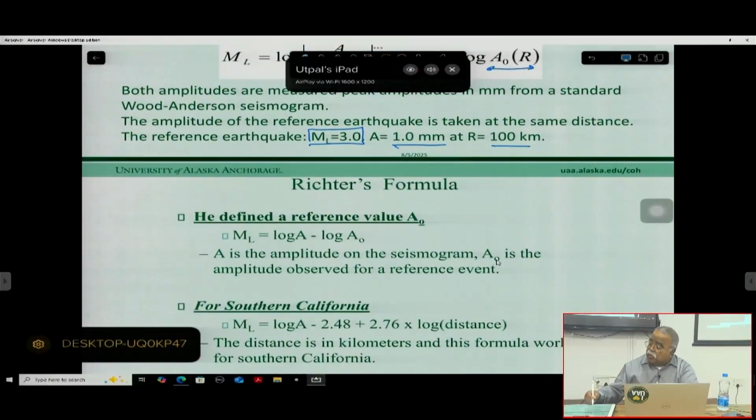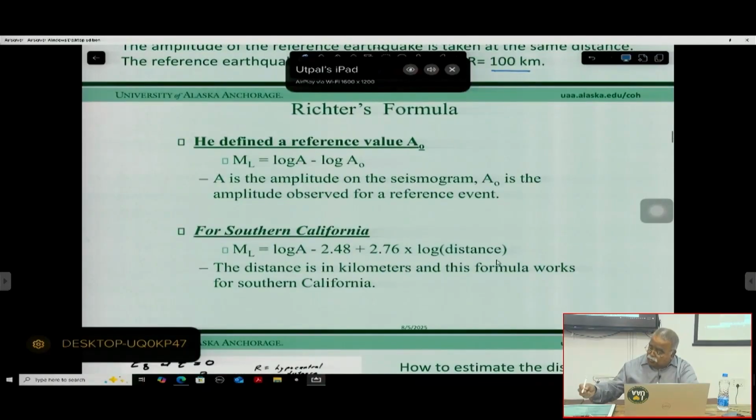So ML equals log A minus log A0. For Southern California, Richter suggested this relation, but please remember it is only for Southern California earthquakes, not for other regions. If you use it elsewhere, you have to add other correction factors. So log A minus 2.48 plus 2.76 times log of distance. This distance is in kilometers.